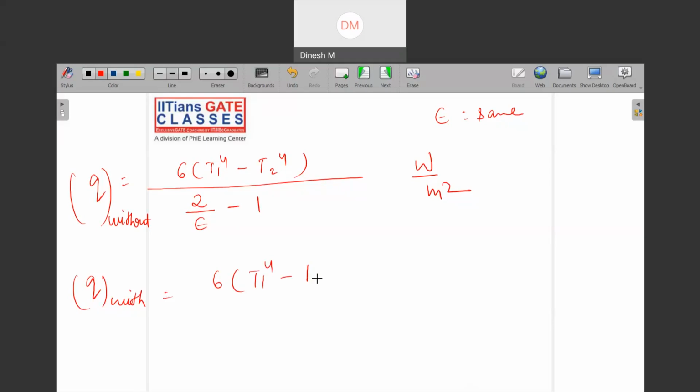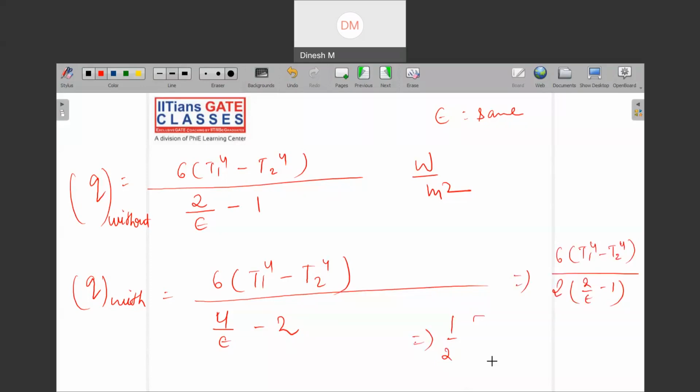Then if I take 1 by 2 as the common factor, this is nothing but q with, and this is q without. Yes or no? So I can write that q with one shield is equal to half of q without, when your emissivity is the same.